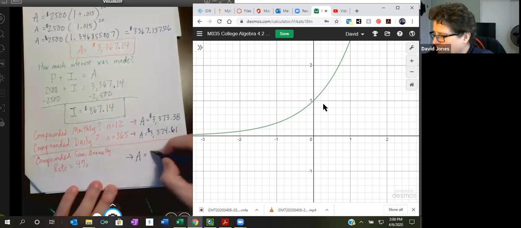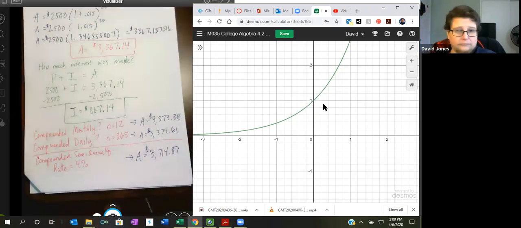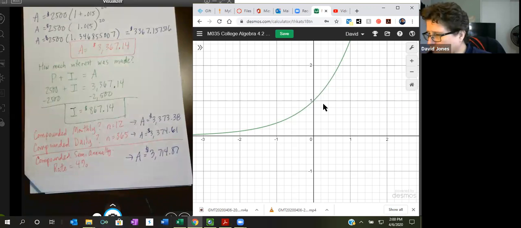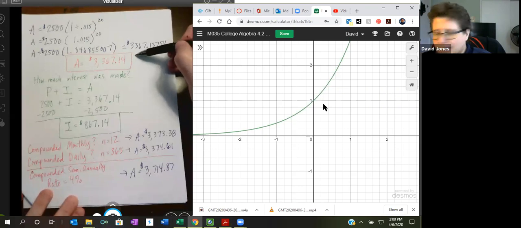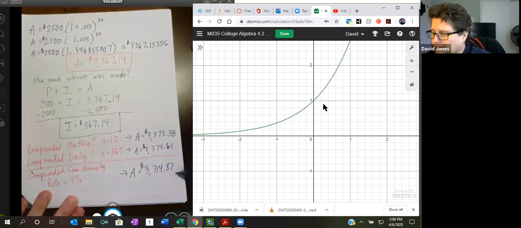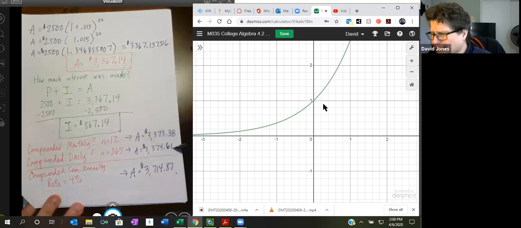A equals $3,714.87. Now, what did we have up here? This was at 3%. This is at 4%. This is compounded twice a year. This is compounded daily. Compounding it daily only gave us $7 more.